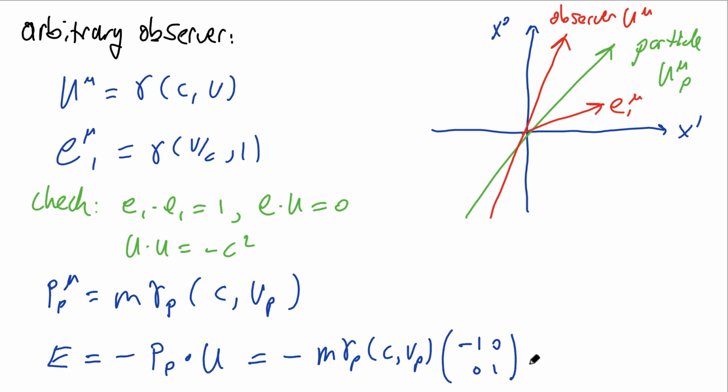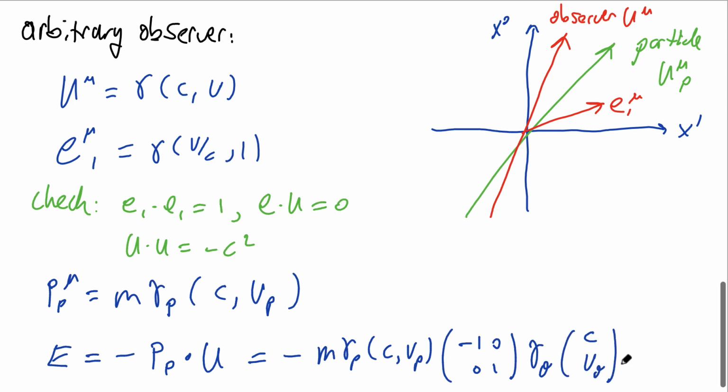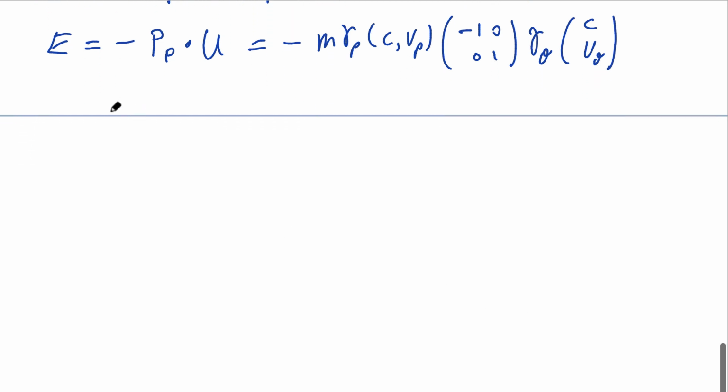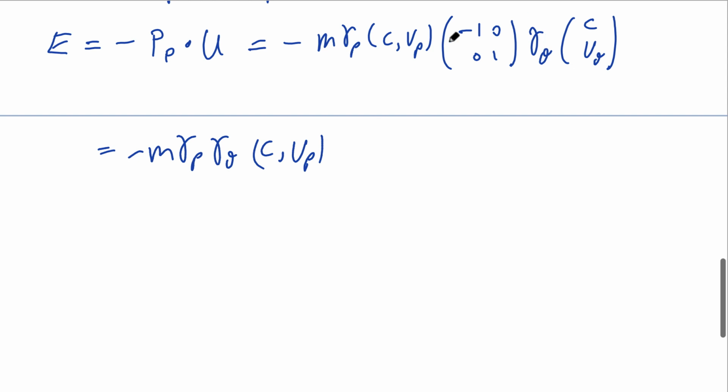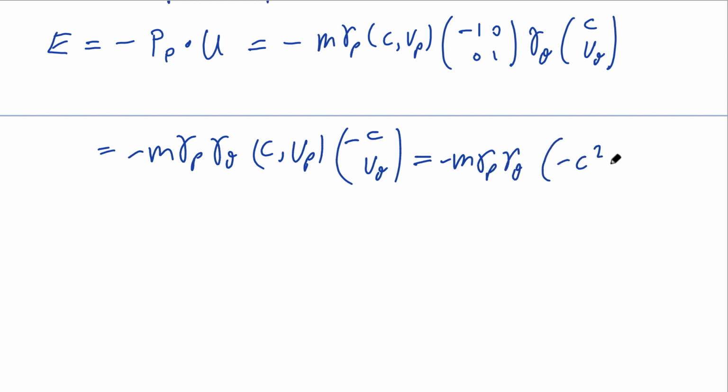And just to make sure this is clear, I'm going to put a little subscript O for observer on the gamma and the v here. So this is gamma sub O times c comma v sub O. Now simplifying, we have minus m times gamma sub p times gamma sub O times c comma v sub p, and the Minkowski metric times this vector gives minus c comma v sub O. So this is minus m gamma p gamma O times minus c squared plus vp vo.